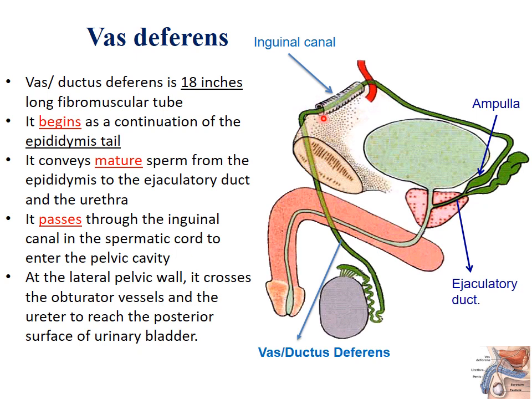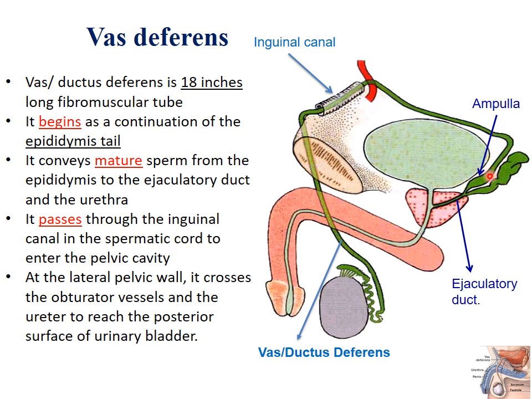It passes through the superficial inguinal ring, passes through the inguinal canal, and then comes out into the abdominal cavity through the deep inguinal ring. When it comes out, it runs on the superior surface of which organ is this? This is the urinary bladder. So it runs on the superior surface of the urinary bladder and then comes to the posterior surface of the urinary bladder.